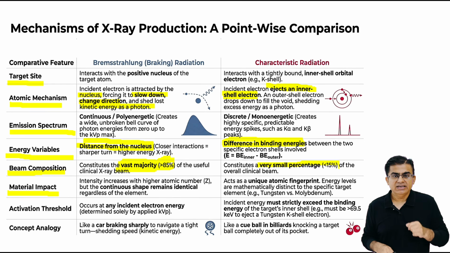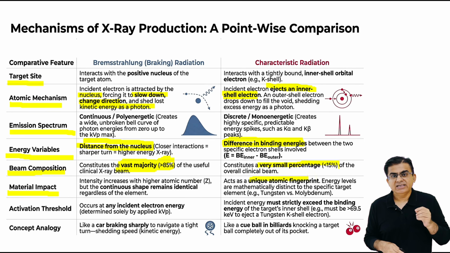But for characteristic radiation, changing the target metal changes everything. Because every single element has a completely unique set of binding energies, these sharp spikes act as a precise atomic fingerprint. The energy level for a tungsten target will be completely distinct from a molybdenum target.